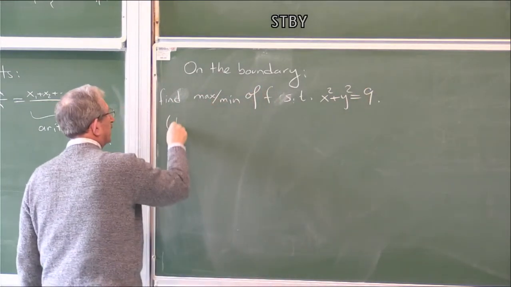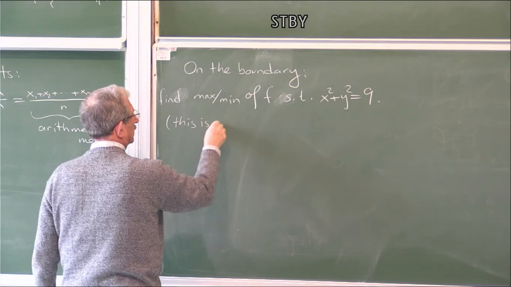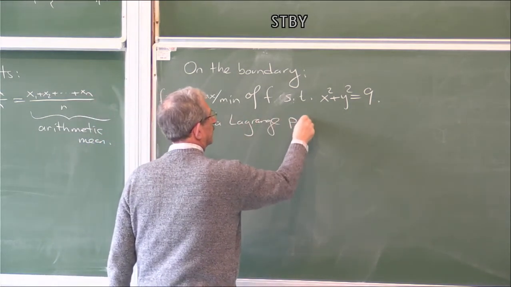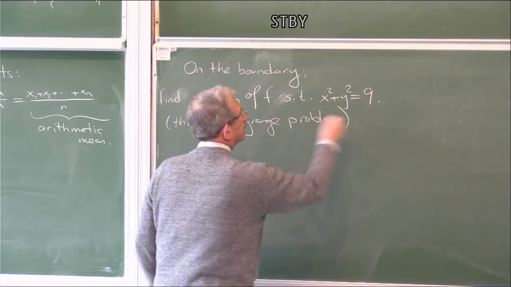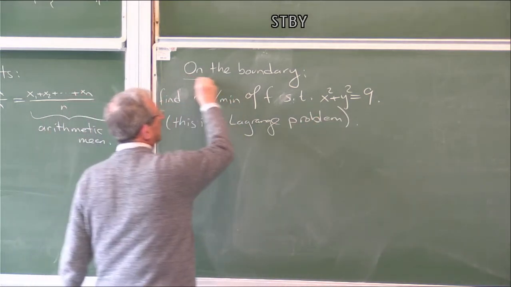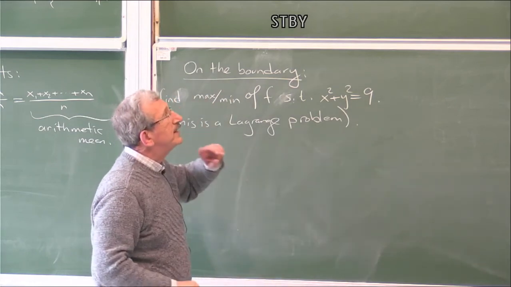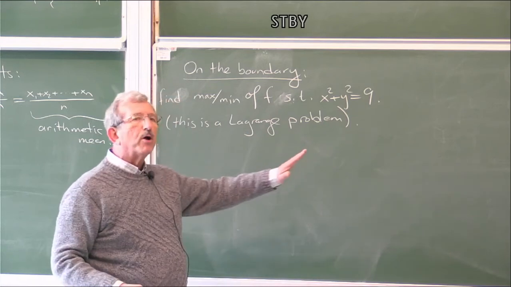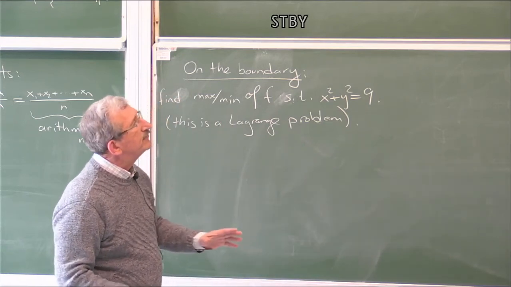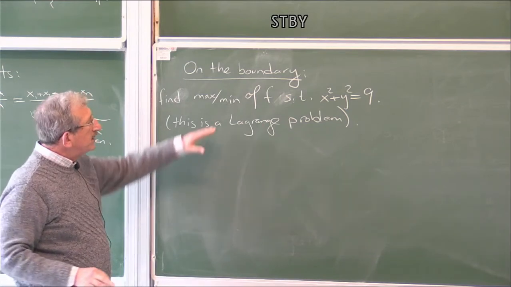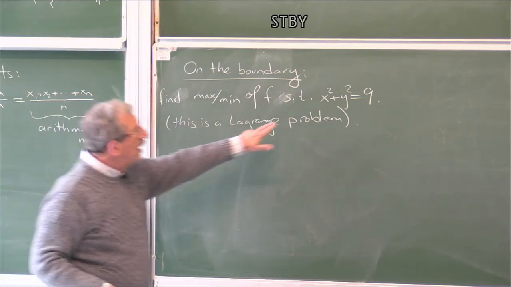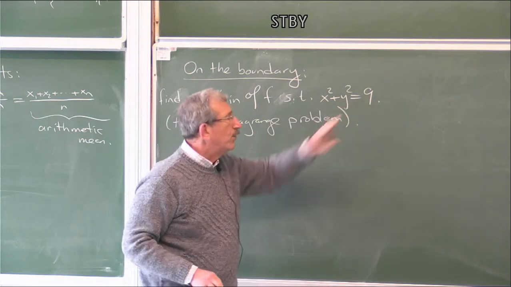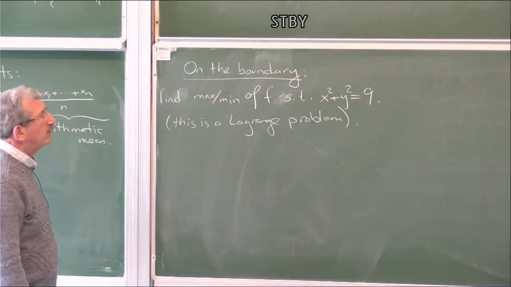Now, this is a Lagrange problem on the boundary, however. The other one was in the interior. Okay? Then we have a free critical point, so the directional derivatives are 0 is enough. But here we want to find the maximum under this restriction, under this constraint. So this is a Lagrange problem.